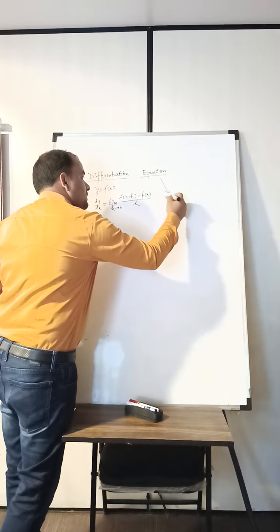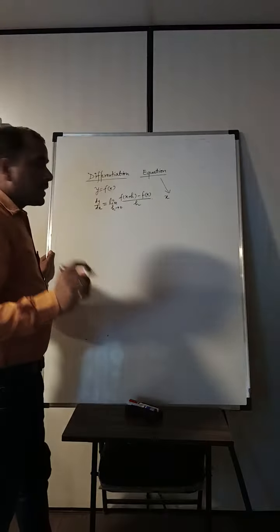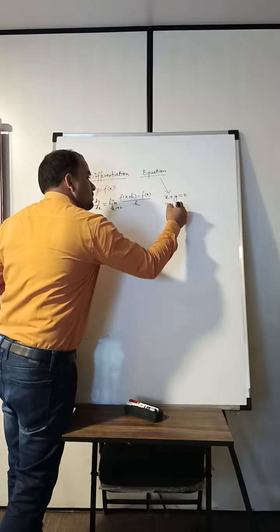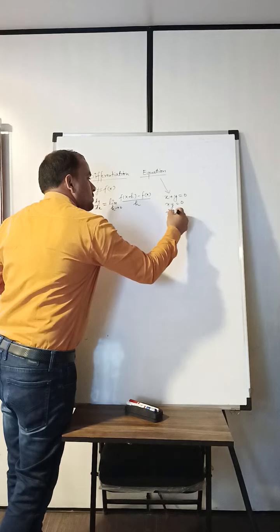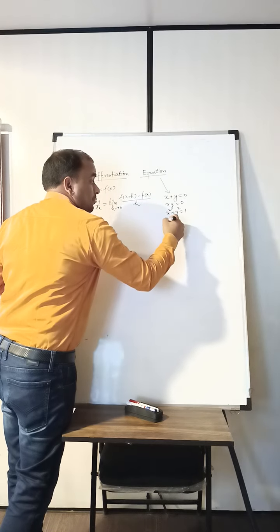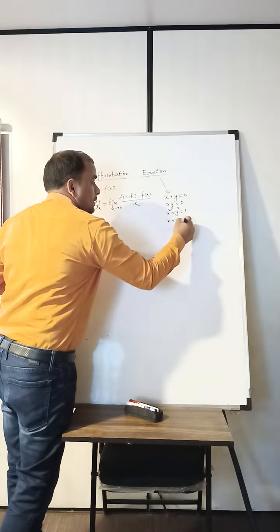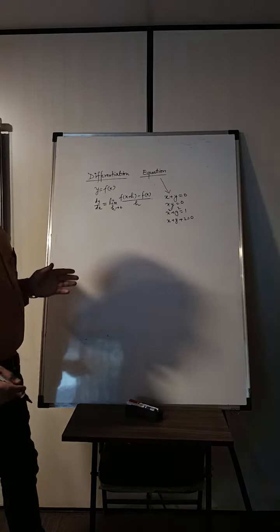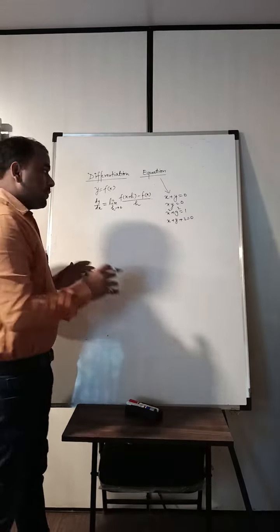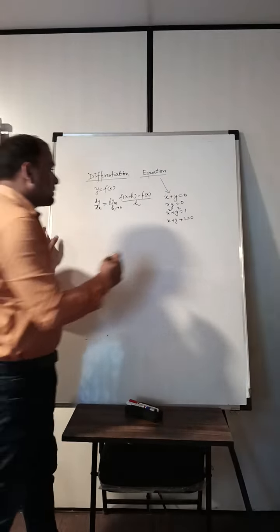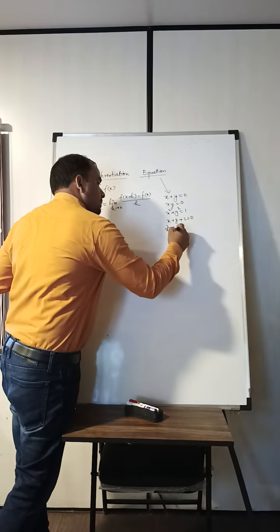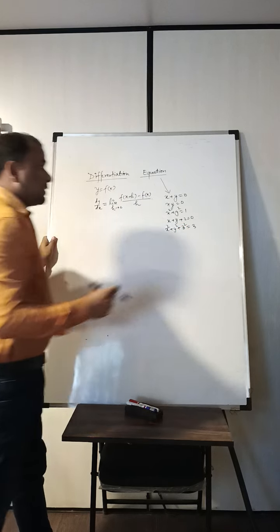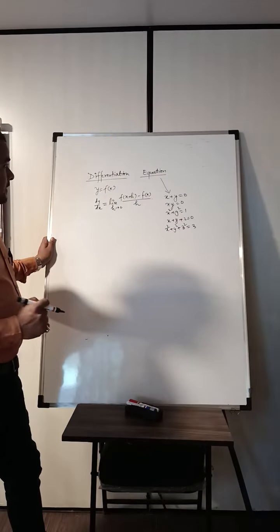Suppose x and y are two variables, then x plus y is equal to 0, x into y is equal to 0, x square plus y square is equal to 1, x plus y plus 2 is equal to 0. All are equations. If x, y, z are three variables, then x square plus y square plus z square is equal to 3 is also an equation.